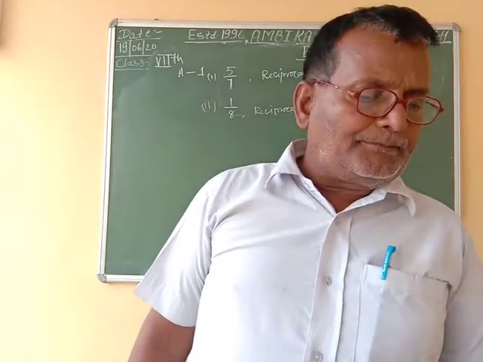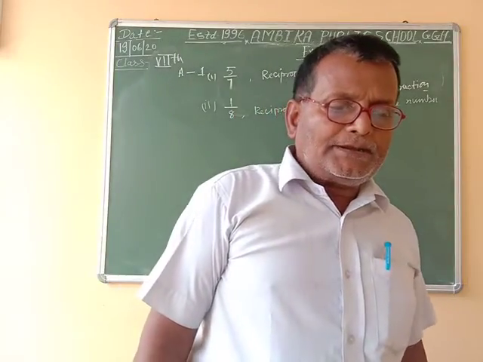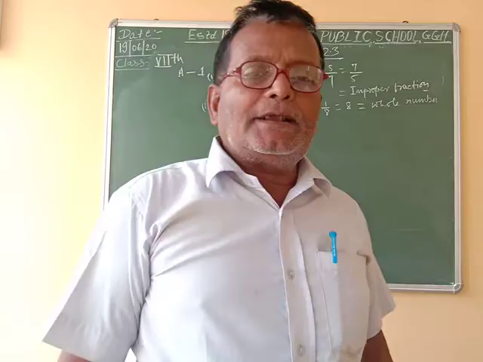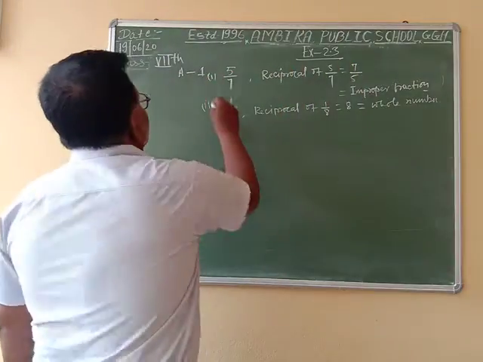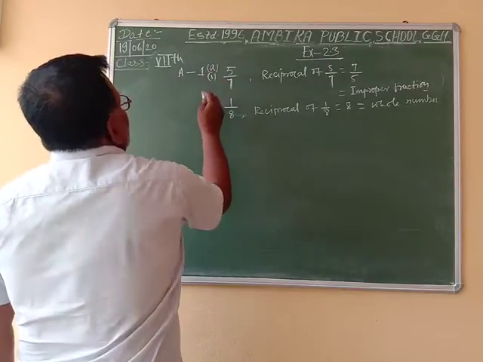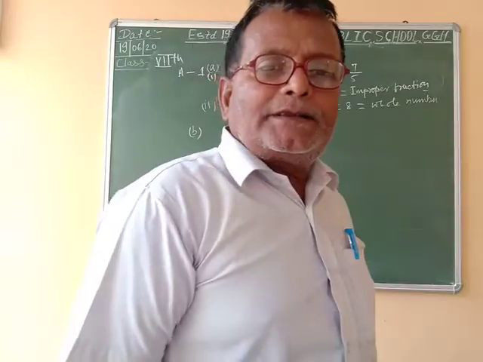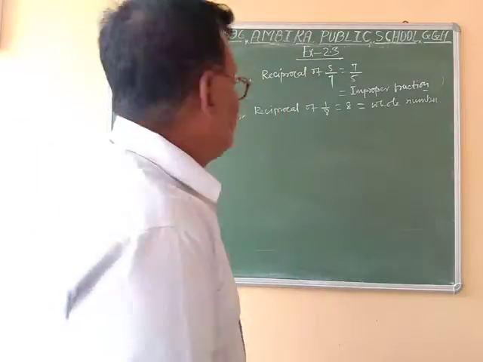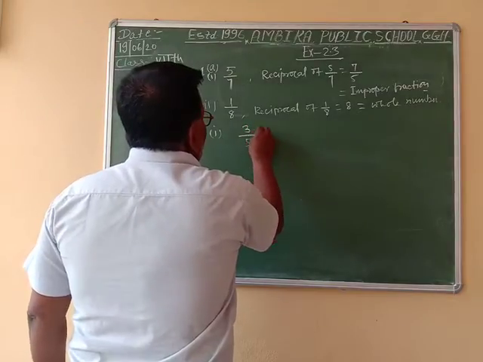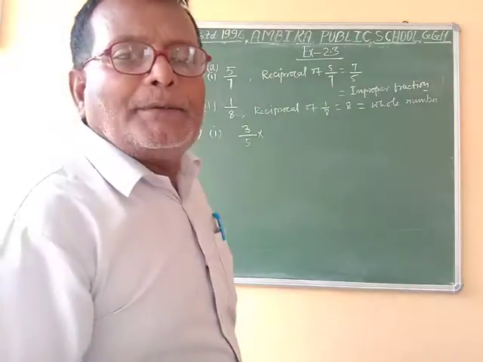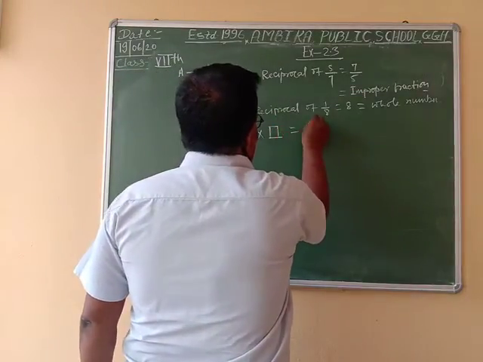In question number 1 part B, fill in the blanks given below so that the statement is true. The statement is 3 by 5 into bracket is equal to 1.